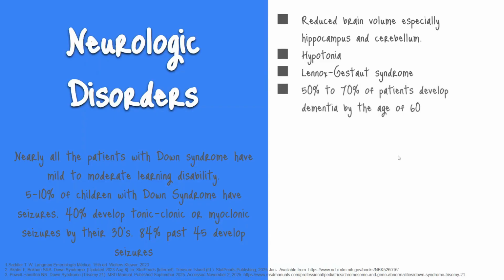The risk of developing early onset Alzheimer's disease is significantly high in patients with Down syndrome, with 50 to 70% of patients developing dementia by the age of 60 years.